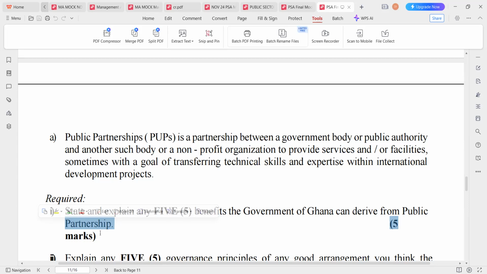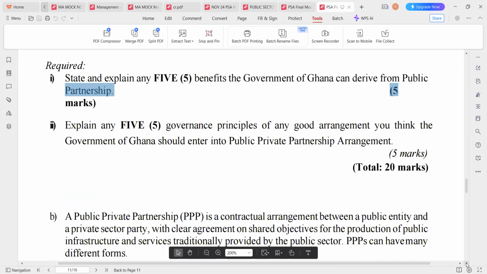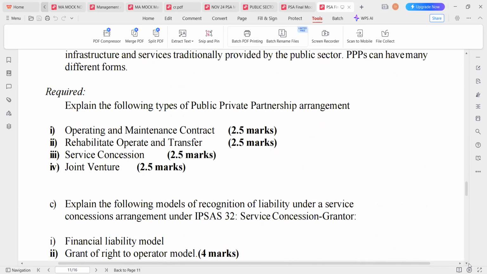So that is what you have to understand. First thing, operating and maintenance contracts, rehabilitation, service concession, what's the meaning? Joint venture, all these issues, we can explain them.